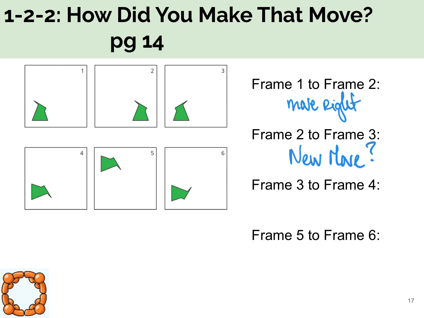So then we're going from 3 to 4. So going from 3 to 4, oh, that looks like a turn. So we're going to have it as a turn, and it's 90 degrees. And it's turning to the right, which we also know as clockwise.